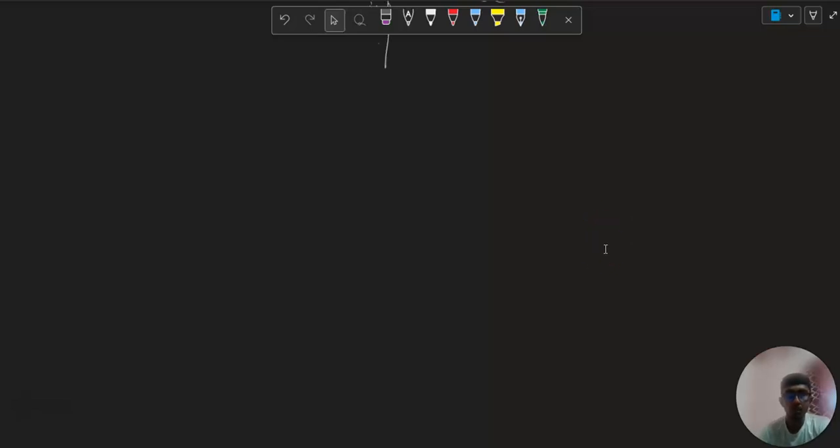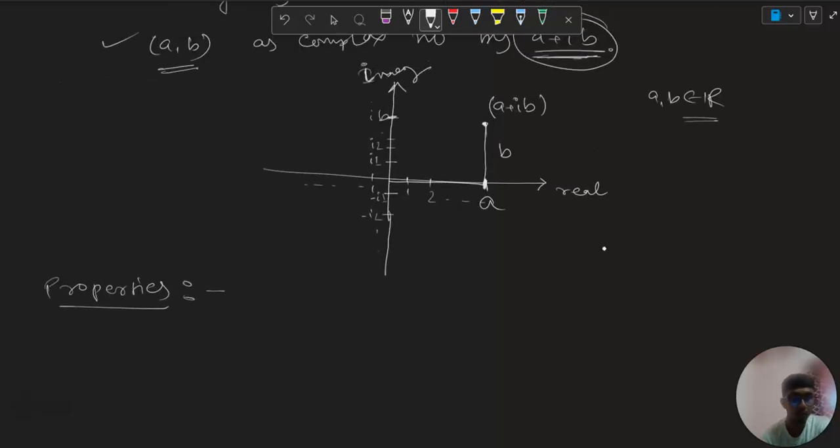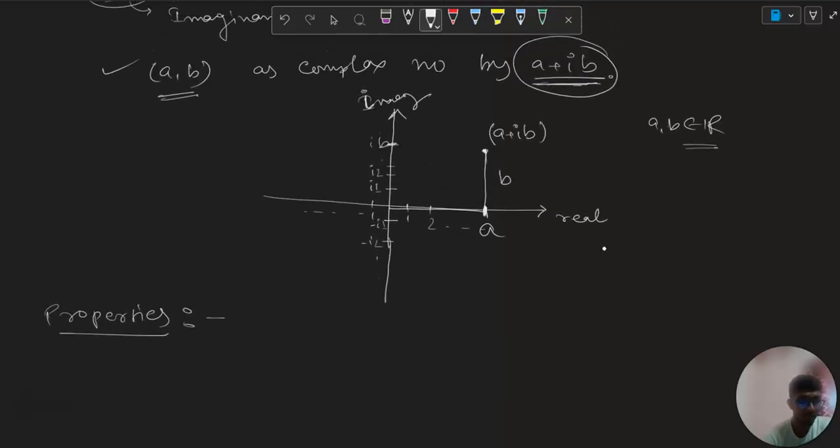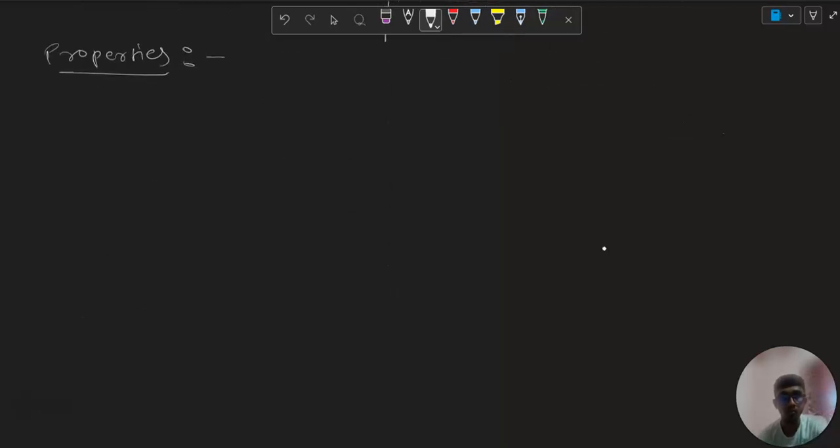Now let's look at the properties of complex numbers. As I have said, we may express any ordered pair of real numbers a, b as a complex number a plus iota b with some operations, right? So what would be the operations?